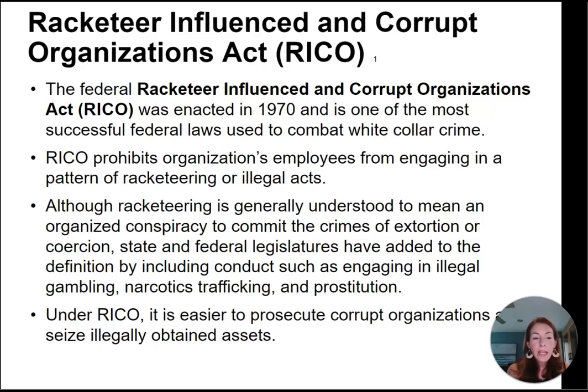Okay, extortion we can think of, or coercion, but there's also other types of acts that can fall under racketeering. So it could be illegal gambling, it could be kidnapping, prostitution, and under RICO, it's easier to prosecute corrupt organizations and to seize the illegally obtained assets that were collected through the racketeering activity. So this has been a successful act in helping to bring down organized crime.